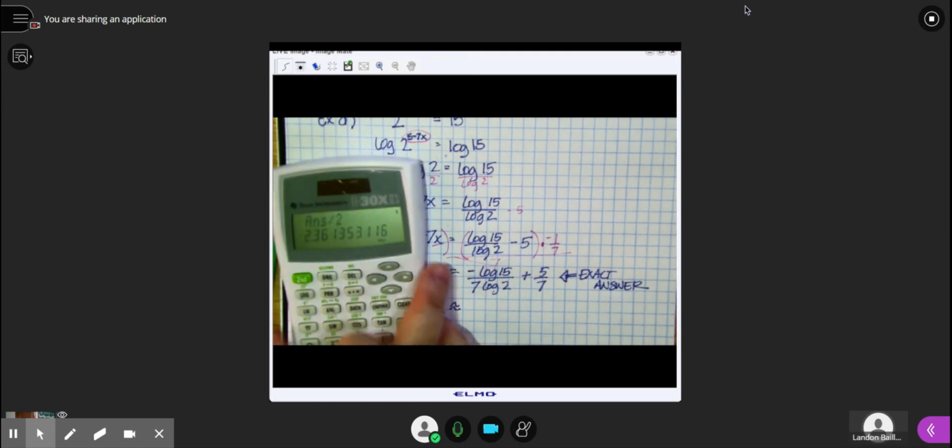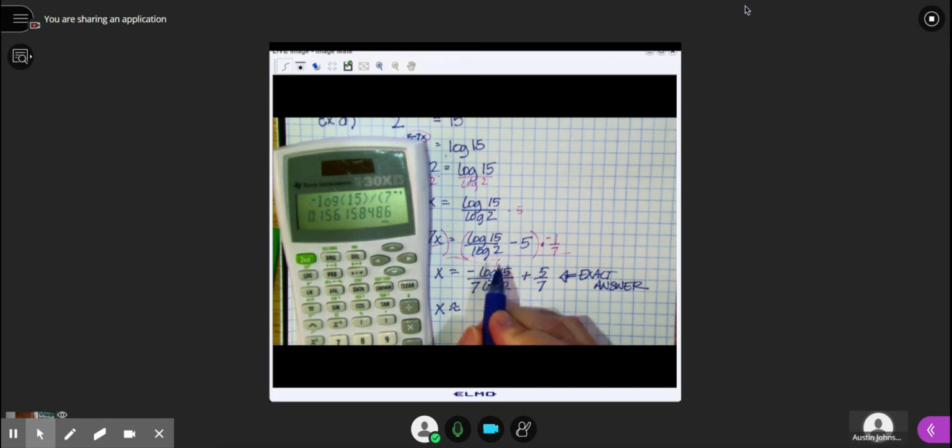Now, if it wants the decimal, I can type in what I have here, being careful about my parentheses. Zero, 1, 5, 6. Or I can use this step because it's a little faster.